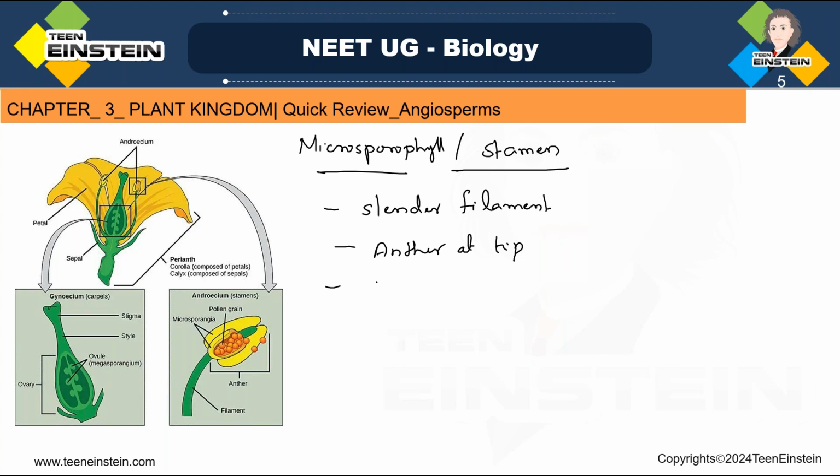So in the anther, what is happening? Inside the anther is the pollen mother cell. Pollen mother cell means the mother cell which is producing the pollen. That pollen mother cell will undergo division, and which kind of division?